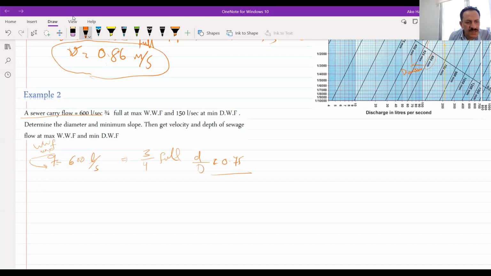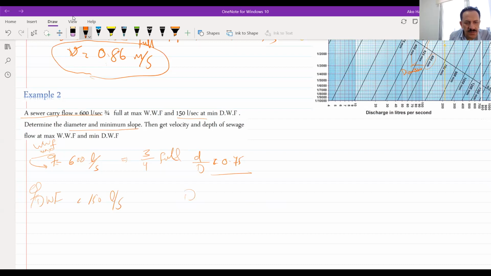So at maximum wet weather flow, Q is equal to 600 liters per second, with d over D equal to 75%. We have the dry weather flow, Q dry weather flow equal to 150 liters per second. Determine the diameter and minimum slope.